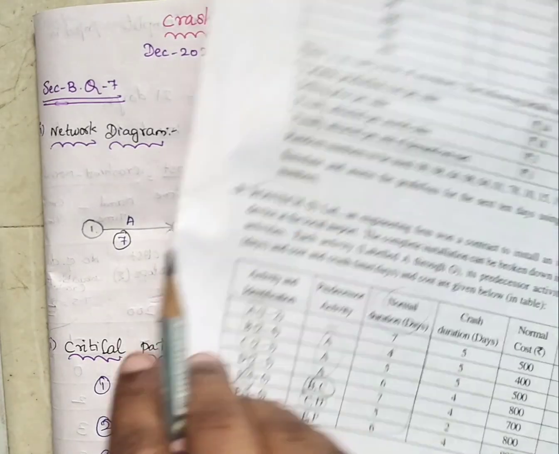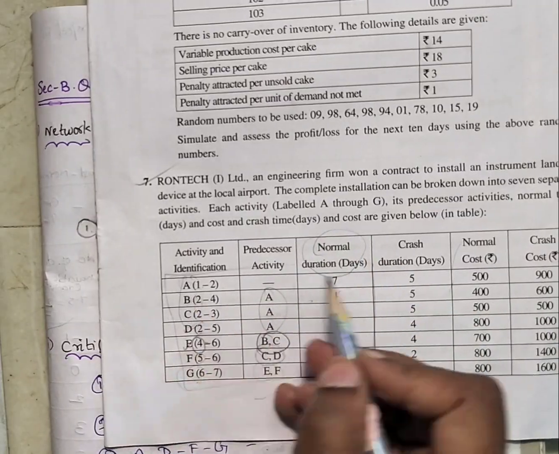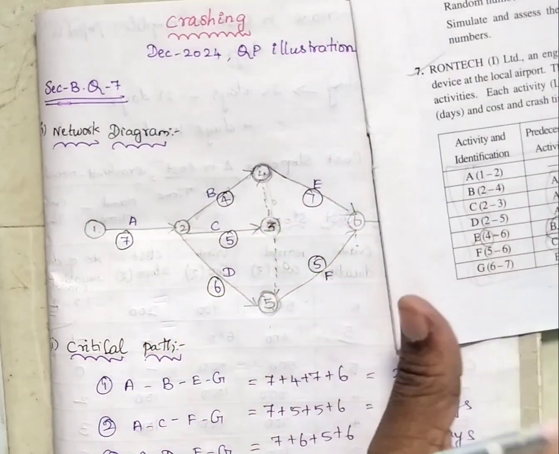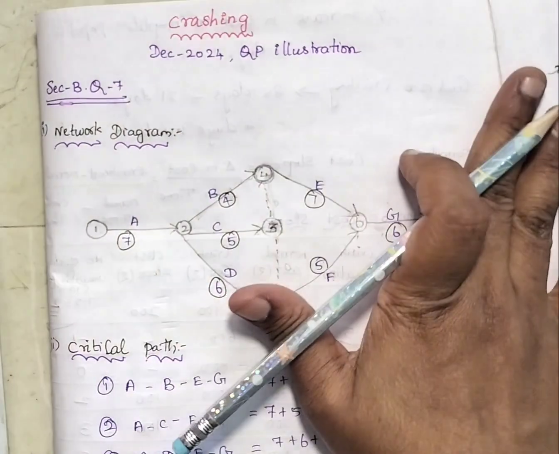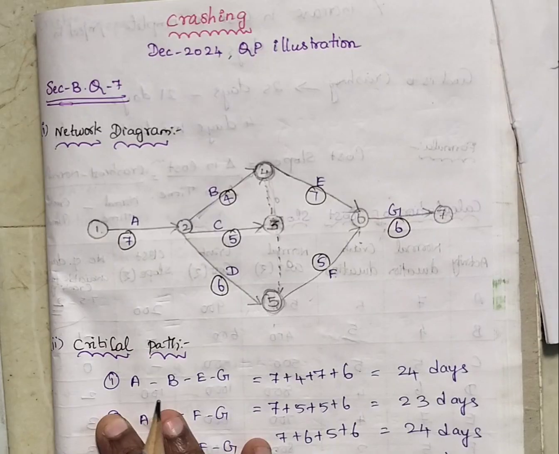Then we have to enter the corresponding time durations: A is 7, B is 4, like that. So we complete the network diagram. After this step, what is the next step? Usually after the network diagram, it is the critical path.